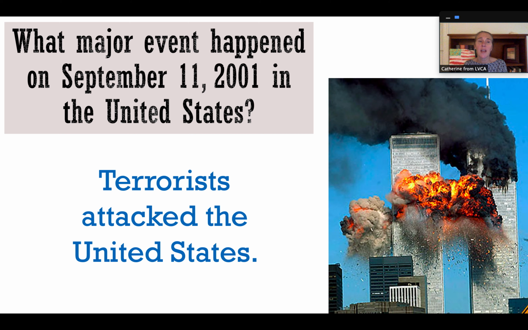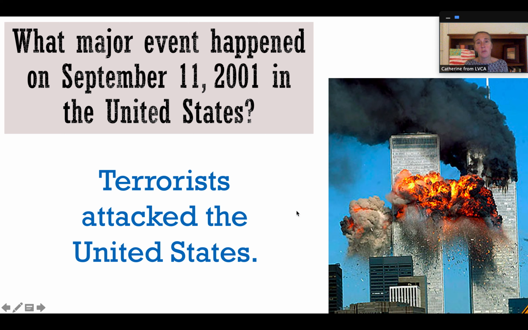What major event happened on September 11th, 2001 in the United States? Terrorists attacked the United States. This is a picture of the Twin Towers buildings that two airplanes flew into.